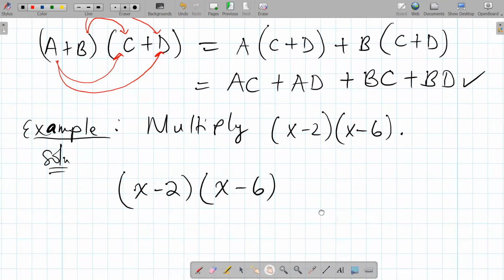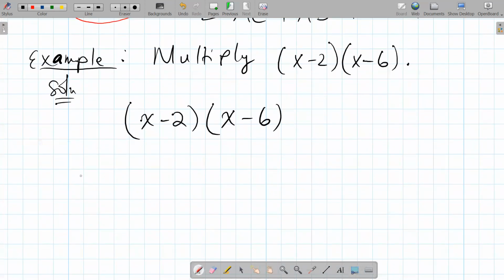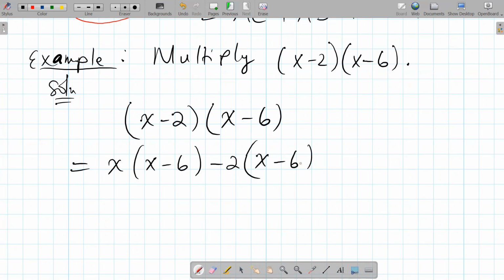So the same idea. The first term here multiplies everything. So the x into x minus 6. Then the second term here, which is negative 2, also multiplies x minus 6.